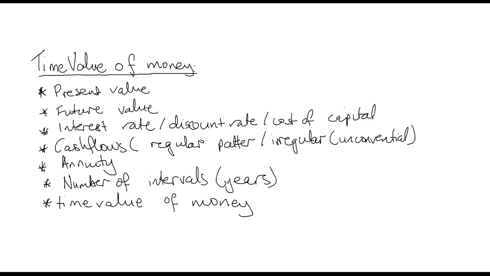It's important before you start looking at questions, you should understand what we mean by the present value, the future value, the interest rate, discount rate, or cost of capital, what we mean by cash flows, whether we have a regular pattern or irregular pattern, which is unconventional, what we mean by an annuity, number of intervals, and sorry, this should not say time value of money.